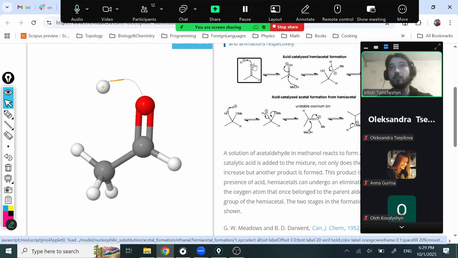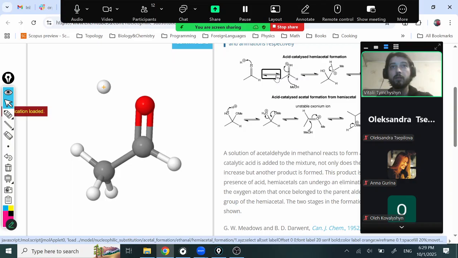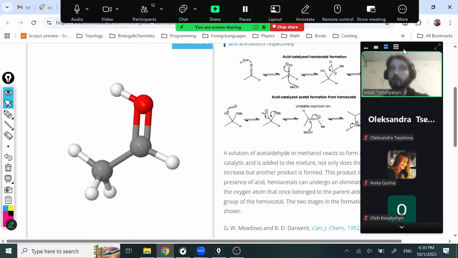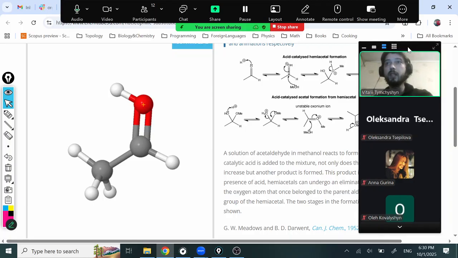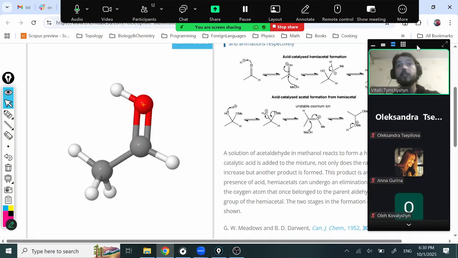It can use one of its non-bonding electron pairs to create a bond to the hydrogen and acquires a partial positive charge. This is the reason why quite often acids are used as catalysts in these sorts of reactions.